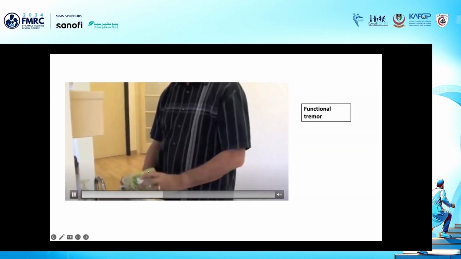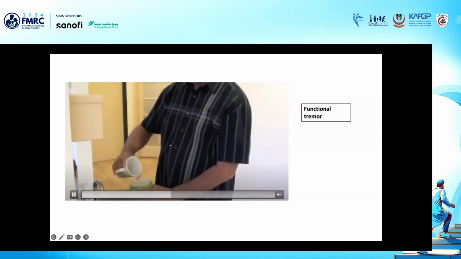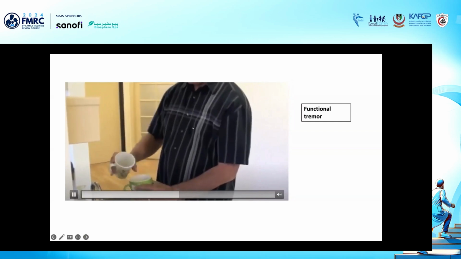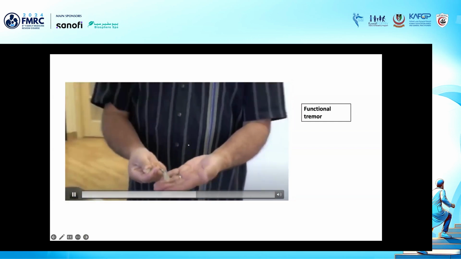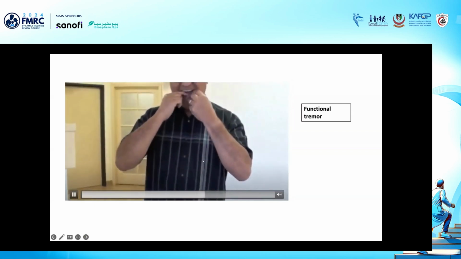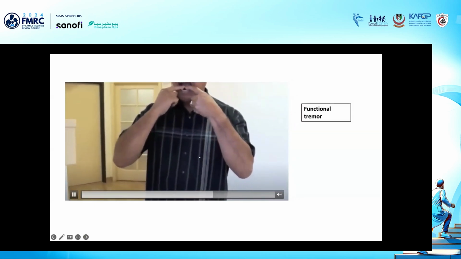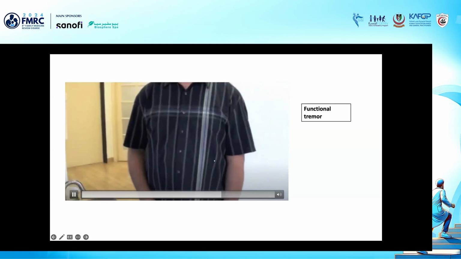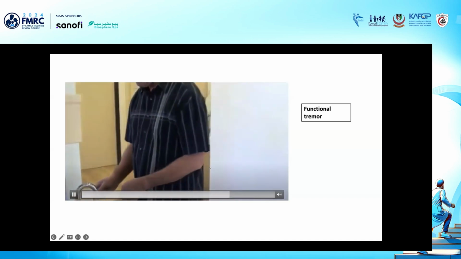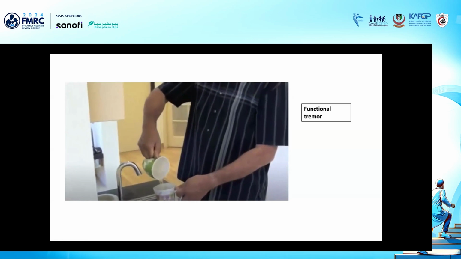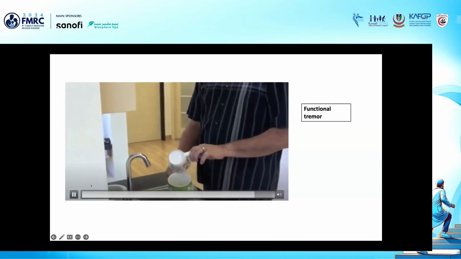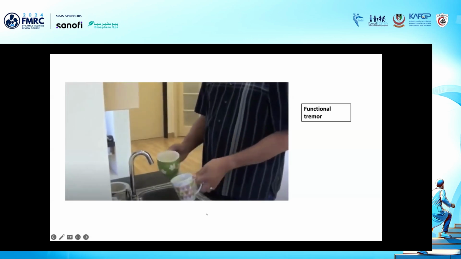And also, when he gets distracted and asked to wear his dental braces here, and repeat, the tremor also disappears. So this is the classic presentation of a functional tremor, in which there is variability in the tremor, and sometimes it's postural, sometimes it's not. See, the tremor just disappeared. So this is a functional tremor.